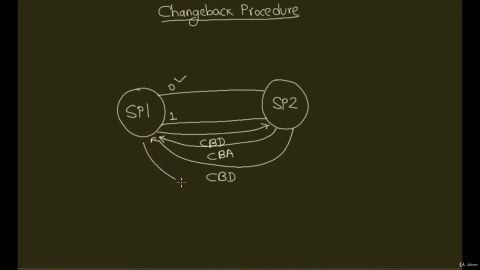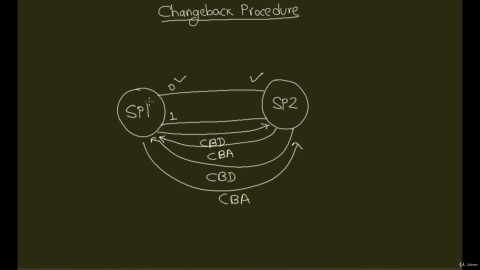SP1 will again send the changeback acknowledgement to SP2, and after SP2 has sent the changeback acknowledgement, SP2 will start using signaling link 0 for sending and receiving all the data.